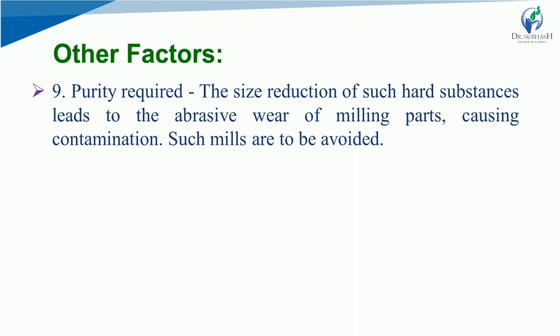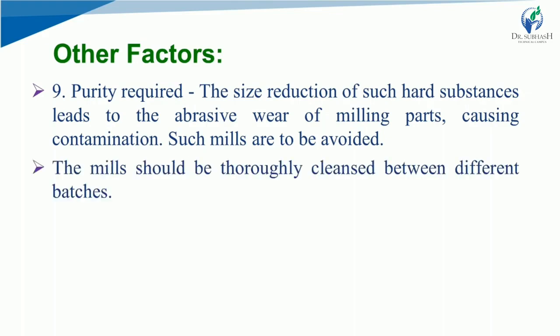In milling they can get mixed into your API or excipient or your drug, and that can cause contamination, so you have to avoid those types of mills. The mill should be thoroughly cleansed between different batches.